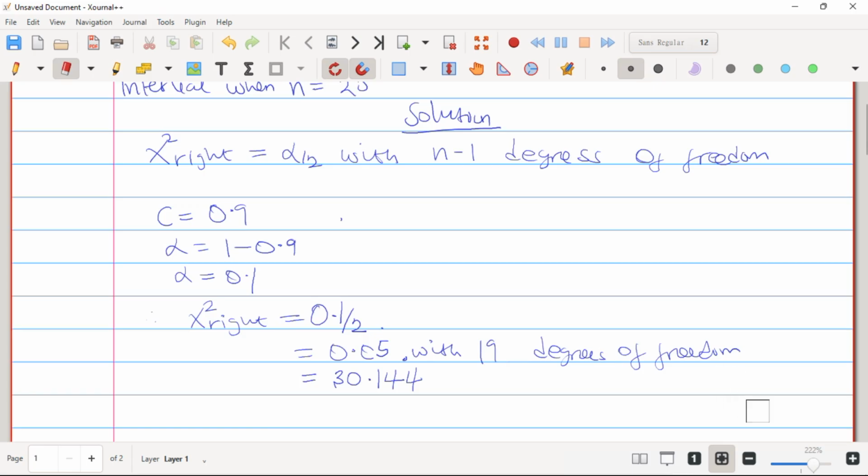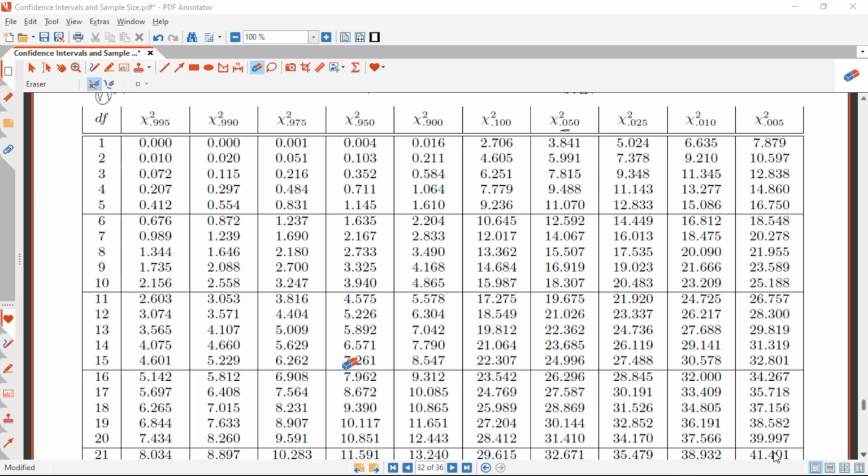So let's find the chi-square to the right. First, our degrees of freedom was 19. You see our n was given as 20, so the degrees of freedom is n minus 1, and 20 minus 1 is equal to 19. That's the reason why the degrees of freedom was 19. So we are not going to use 20.